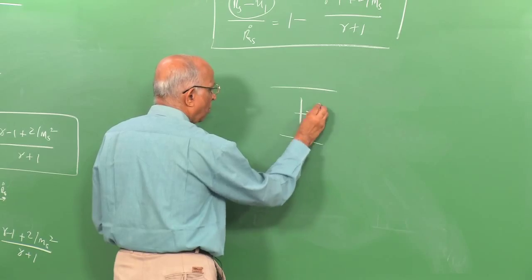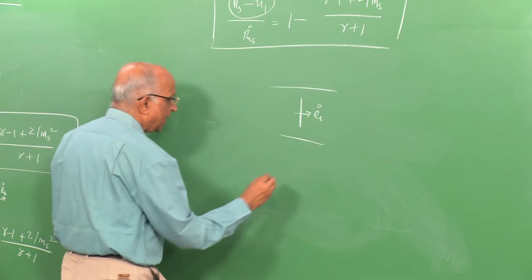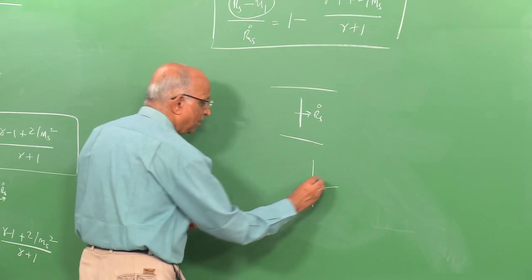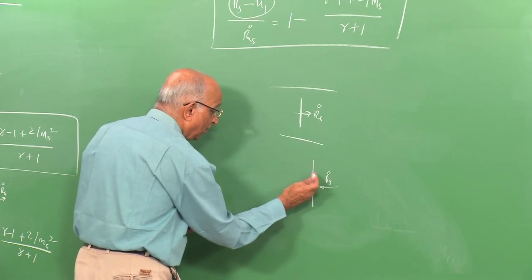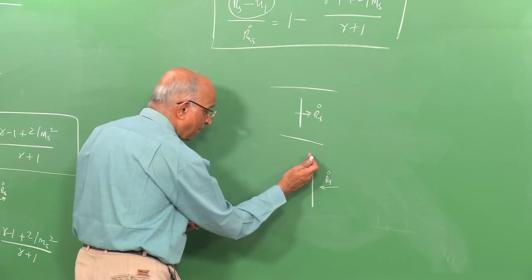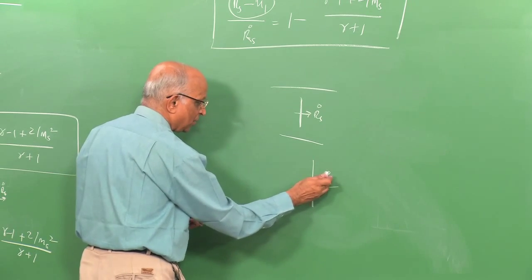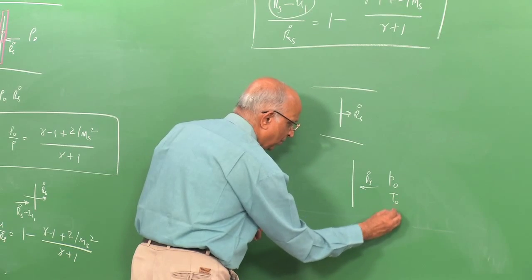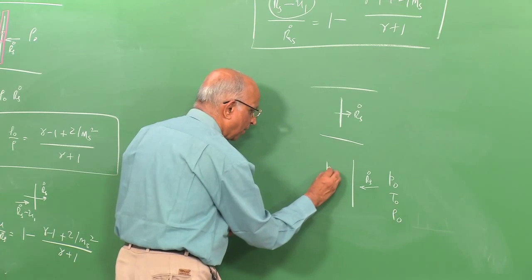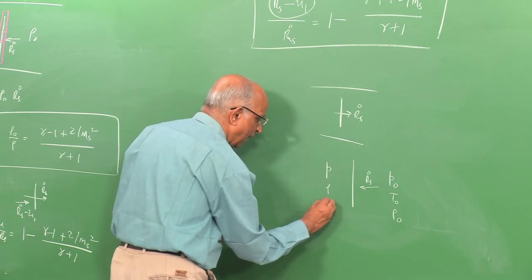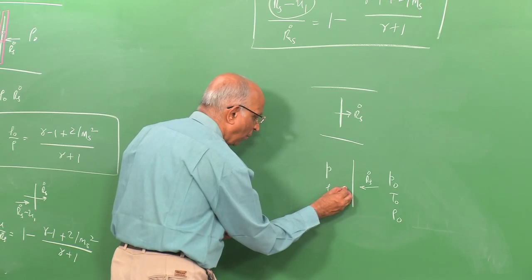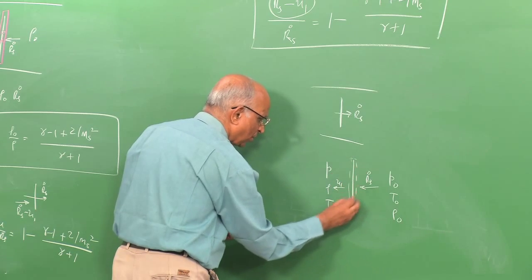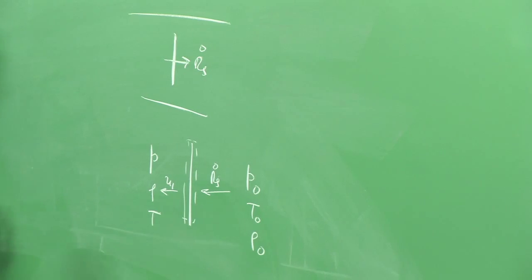When the shock velocity is constant and I consider my frame of reference of the shock stationary, when the gases are travelling towards my shock front with a velocity Rs dot, if the conditions ahead are P0, T0, rho0, I am able to find out the value of P, rho and T, and also the value of the velocity u1 in the frame of reference, or when the shock is moving, I said it is Rs dot minus u1.